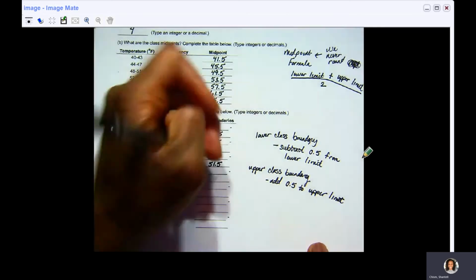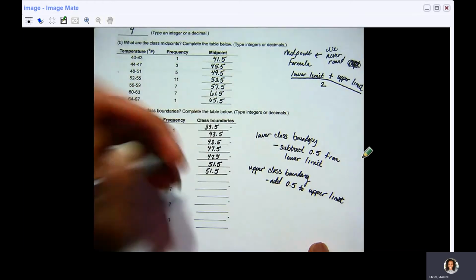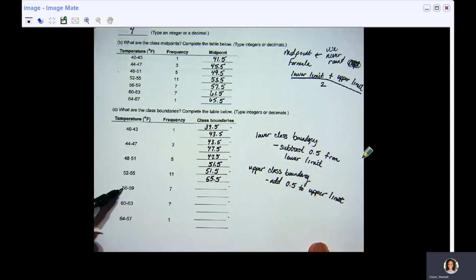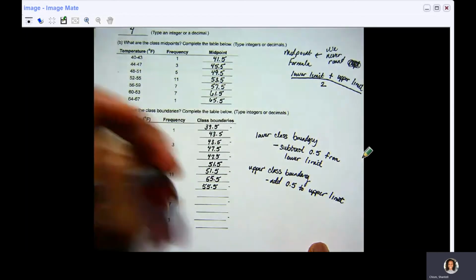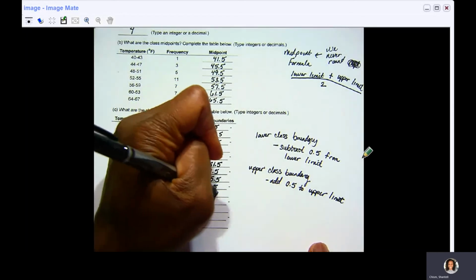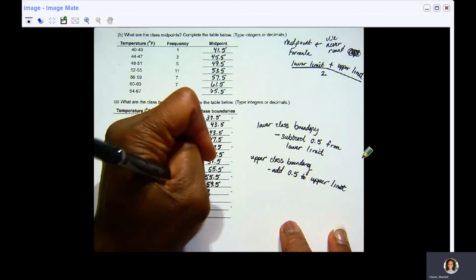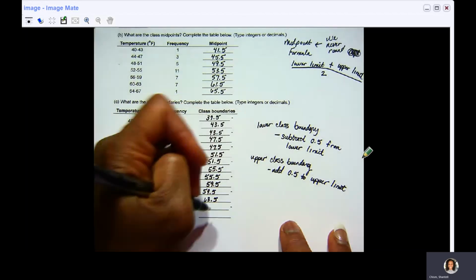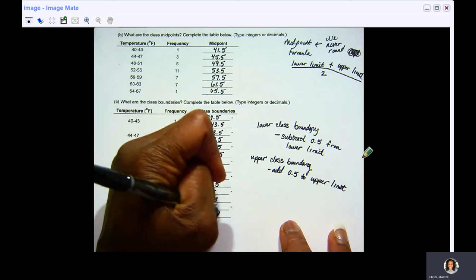That one would give me 51.5 again, and then I'll add for 55.5. Subtract from 56, I'll get 55.5. Add, I'll get 59.5. And of course, you would finish that up: 59.5 to 63.5, and then 63.5 to 67.5.